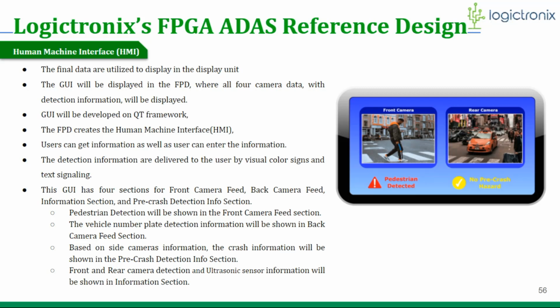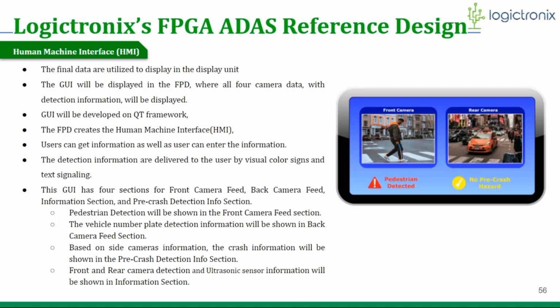Okay, here we see a human machine interface. After data comes out of the PL processing pipeline, the data is utilized to display on a display unit such as a flat panel display. The lightweight GUI developed on the Qt framework will be displayed on the FPD, where all 4 camera data with the detection information will be displayed using the GStreamer pipeline.